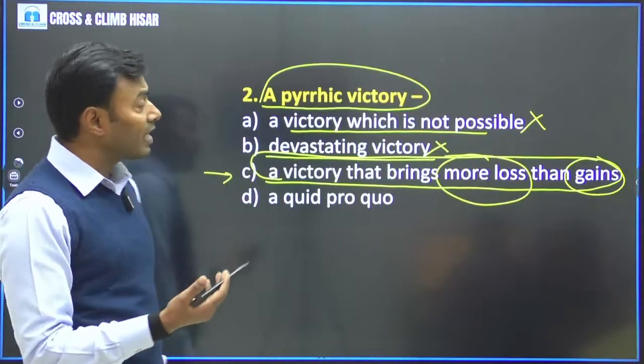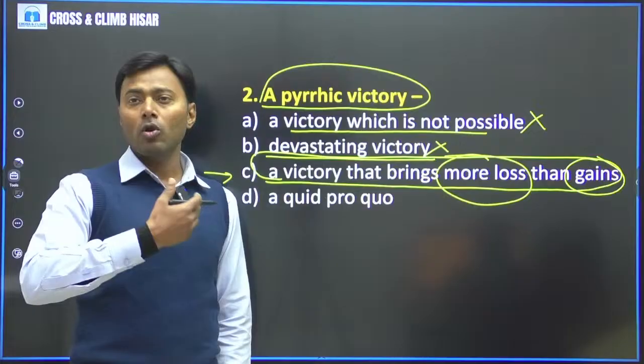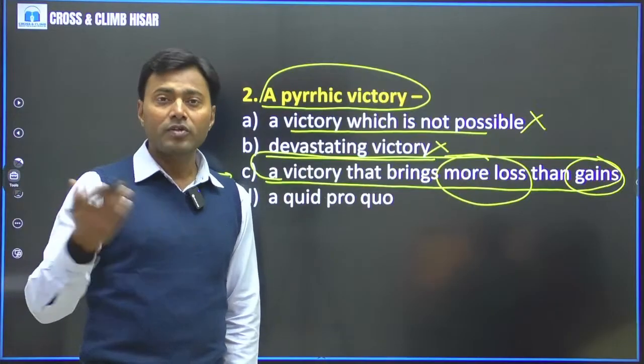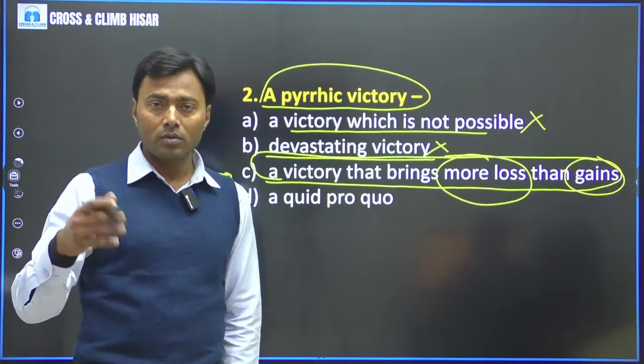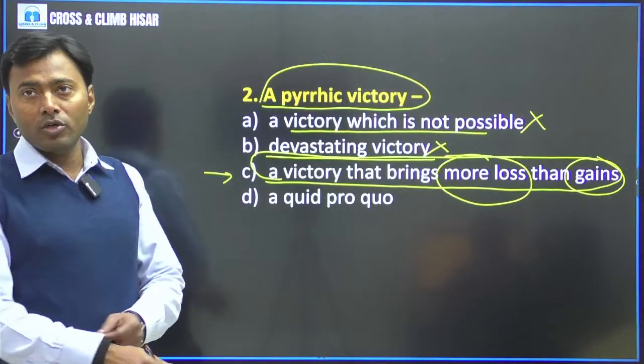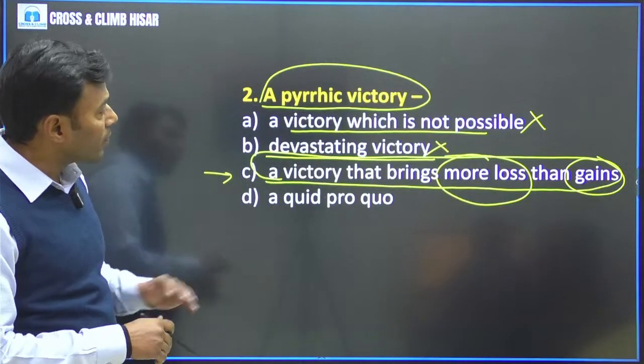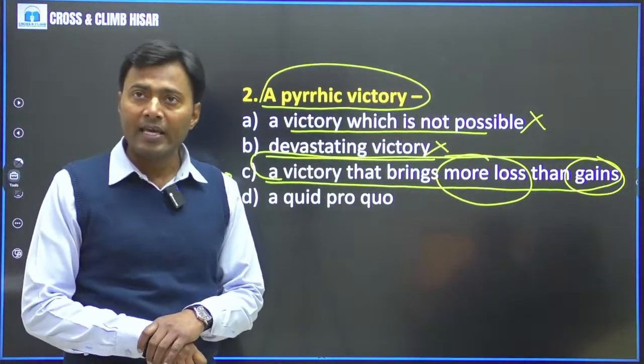Although he became victorious, the kind of losses he saw, he left the entire warfare. So it was a Pyrrhic victory for him because of the loss he saw there. So Pyrrhic victory means a victory that brings more loss than gains.